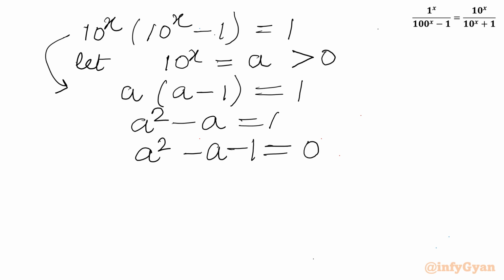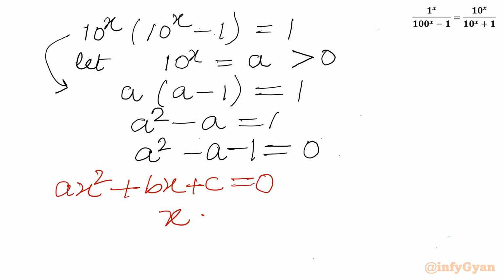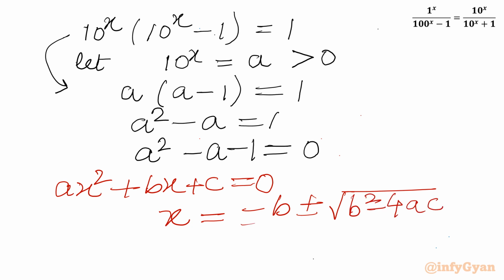Now this is one quadratic equation. If I write one general ax square plus bx plus c equal to 0 equation, then we can get the solution x using the quadratic formula. It will be minus b plus minus the square root of b square minus 4ac over 2a.